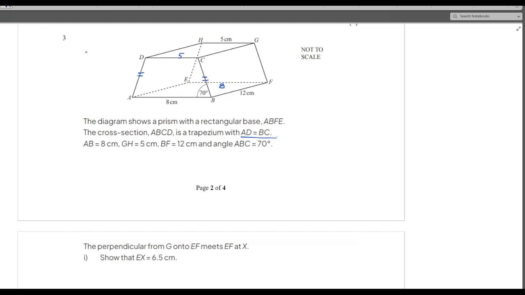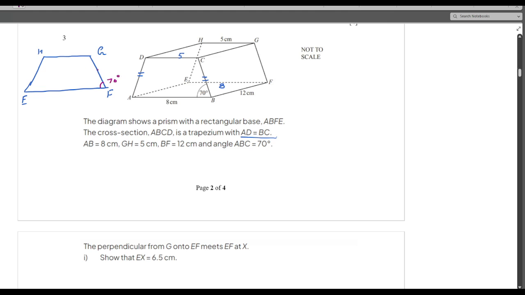The back side face, which is HG, and here I have a trapezium shape, which is E and F. Now here the angle is 70 degrees. So whatever shape I have in front, the same will be at the back. So here this angle is 70 degrees. Now the question says that we draw a perpendicular GX. So GX makes a 90 degree angle.